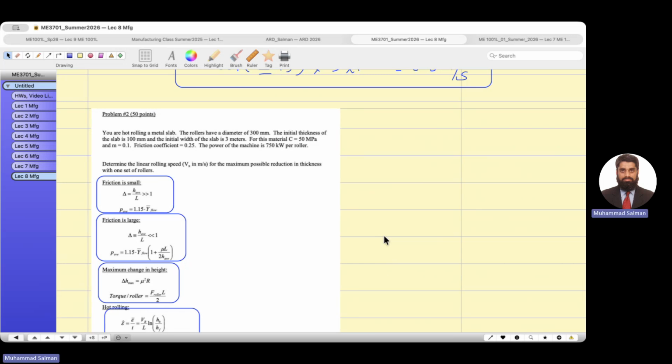You are hot rolling a metal slab. The rollers have a diameter of 300 millimeter.